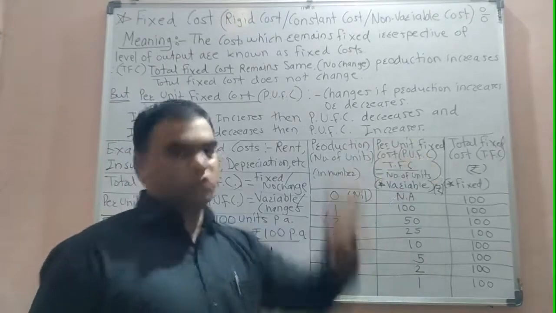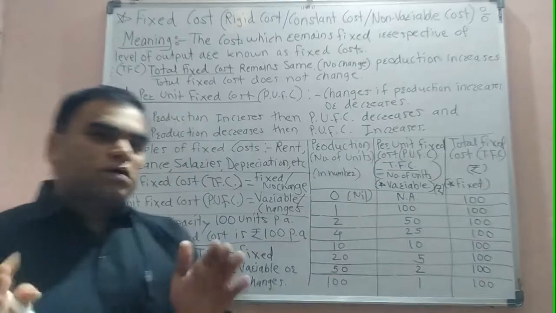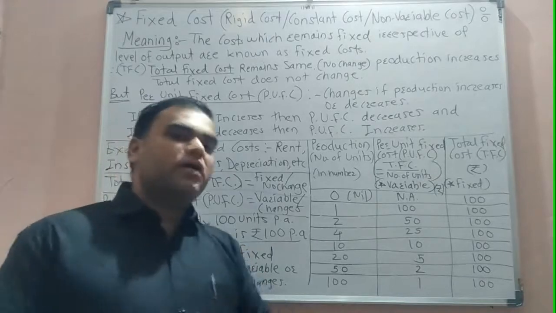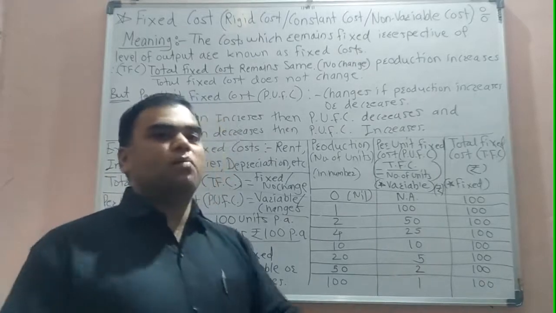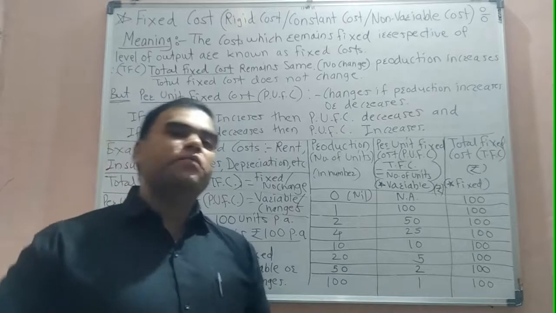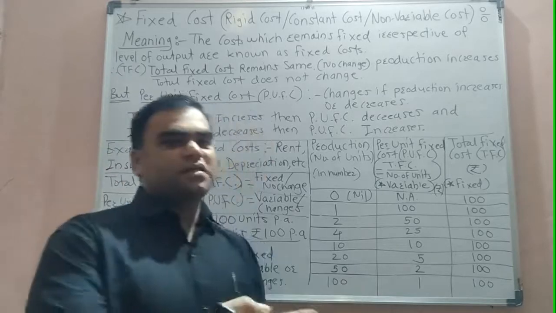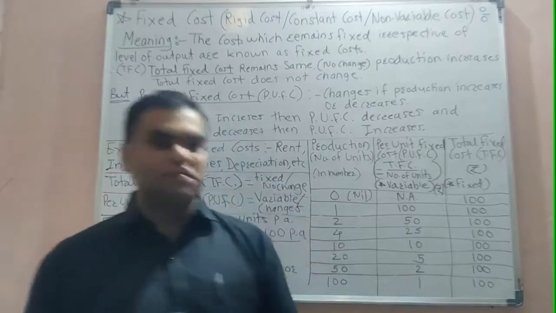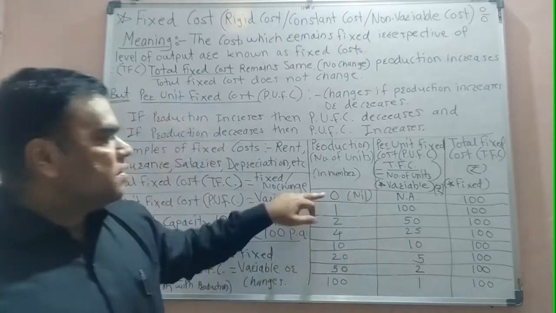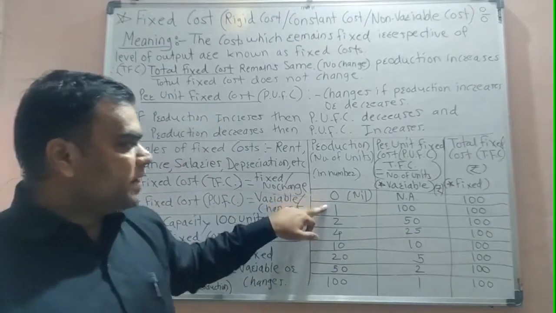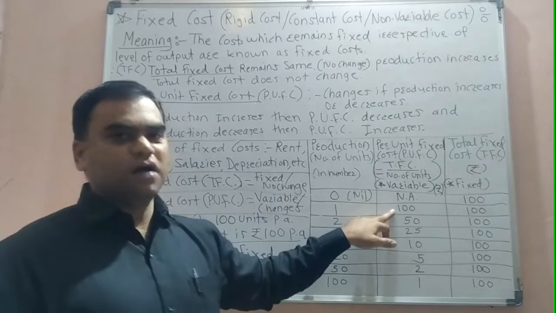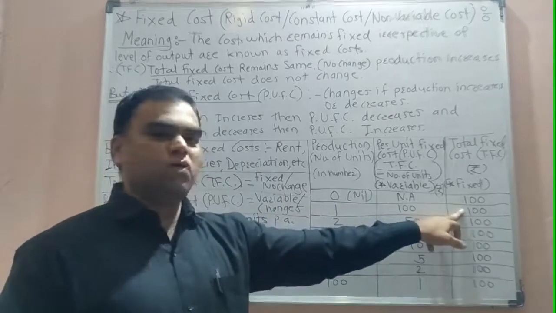Total fixed cost gets distributed or divided among the number of units. That's why if you increase the number of units, your per unit fixed cost decreases. You can see here, we manufactured 1 unit, then per unit fixed cost is 100 and total is also 100.